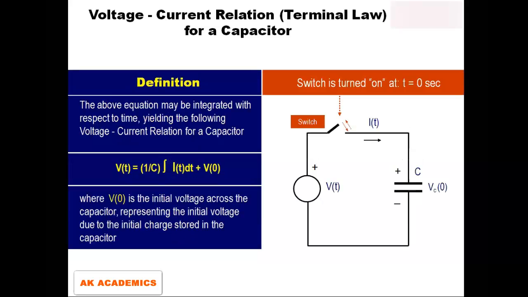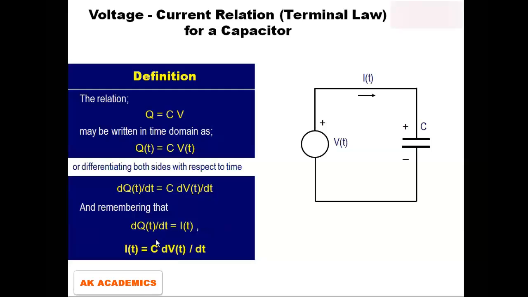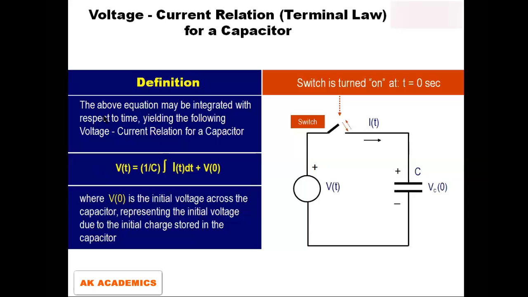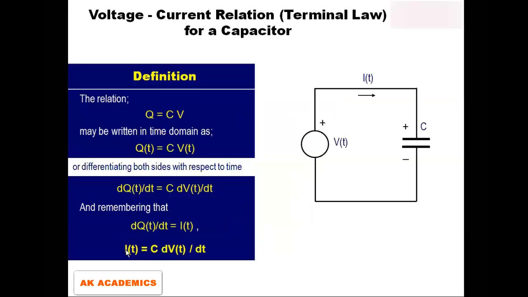If you look at this particular equation properly, you can rewrite it and find your V from here. If you rearrange it, it simply means that I of t dt over C would be equal to V. If you then integrate, your V will be 1 over C integral of I dt.